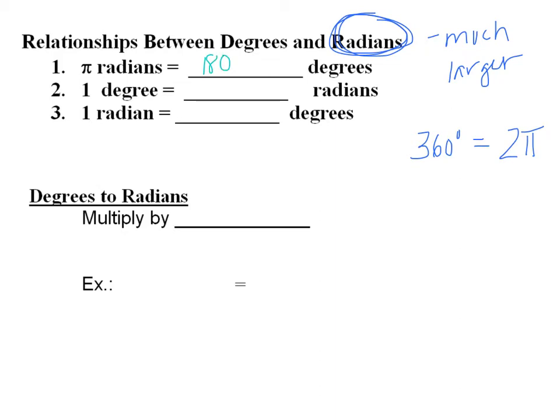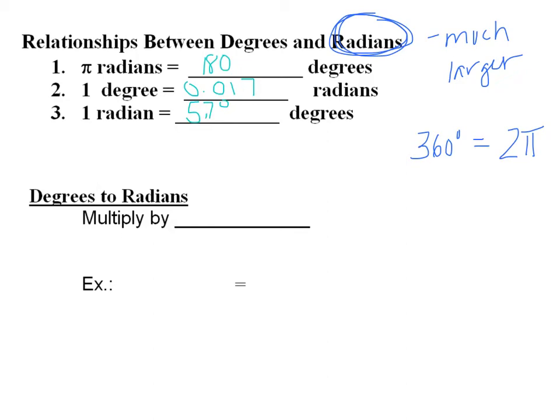Now these next 2 are kind of just extra information. 1 degree is approximately, so this is an approximation, 0.017 radians. And 1 radian is approximately 57 degrees.